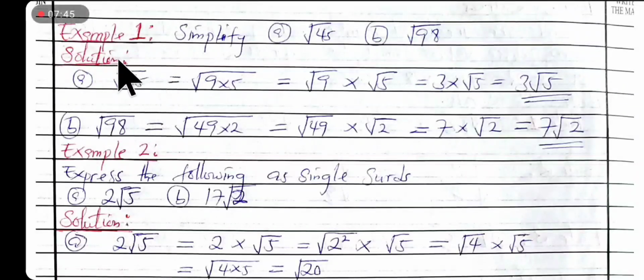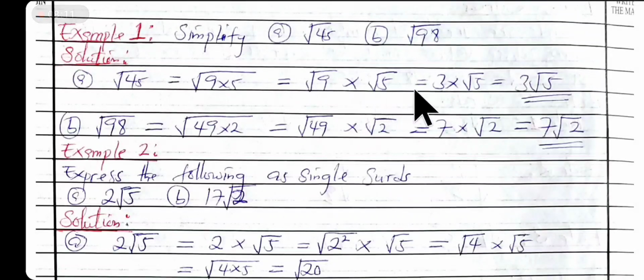Okay, look at it. We have root 45. Root 45 can be split into root of 9 times 5, because 9 times 5 is 45. So you split according to rule 1 of surds. This multiplication, the root can be split between the terms. So this is equal to root 9 times root 5, which is the same thing as, root 9 is 3.